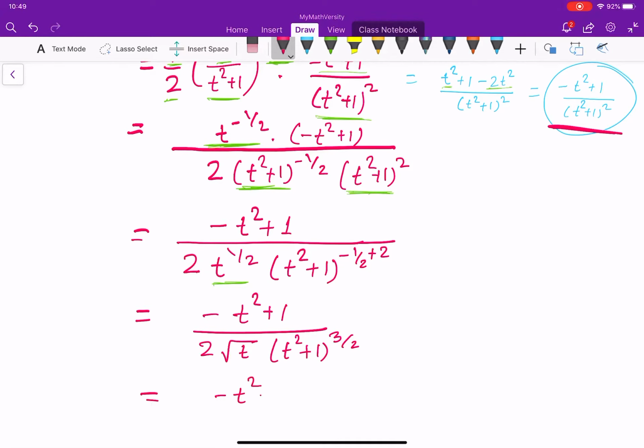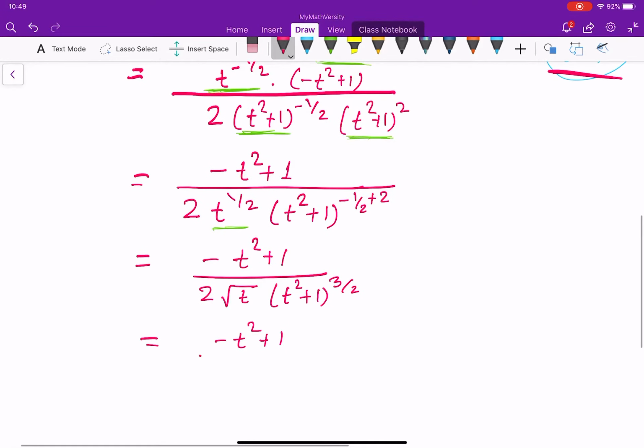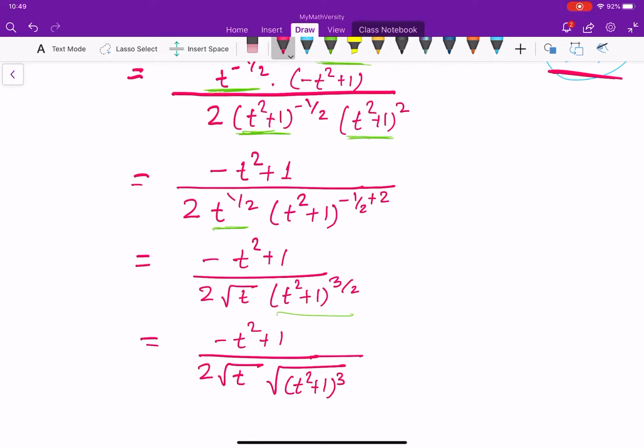Or if you want to change everything into radicals, then this will be 2 times the square root of t, and then this can be changed into the square root of t square plus 1 to the power cube. That doesn't look like the form I like. And actually, because we have a square root of that, this can be written as t square plus 1 times the square root of t square plus 1.